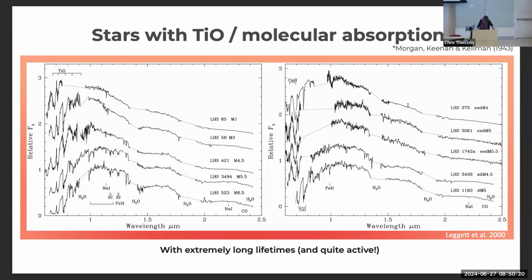In the optical, mainly due to titanium oxide, vanadium oxide, calcium hydride, and in the near infrared, you have CO, water, iron hydride. And this has been kind of difficult to deal with when we wanted to estimate things like metallicity.